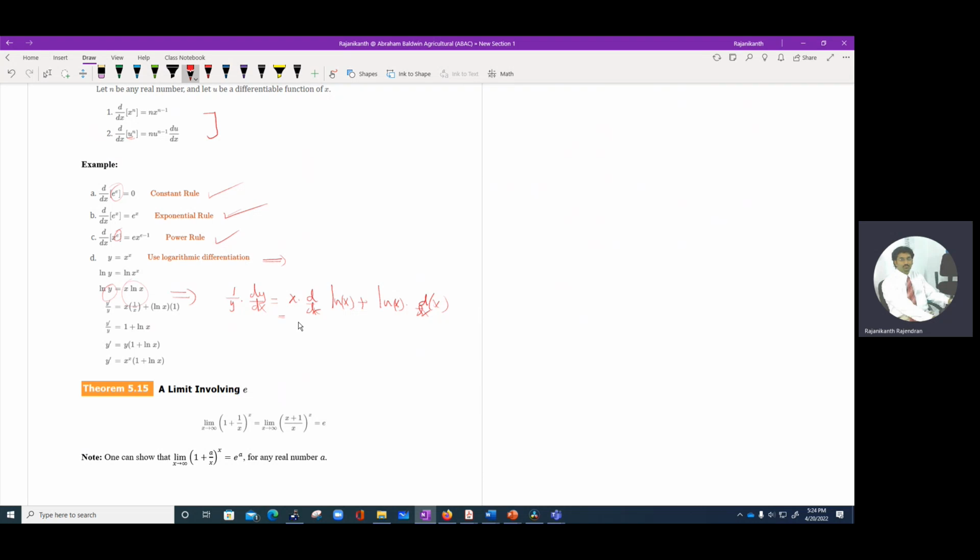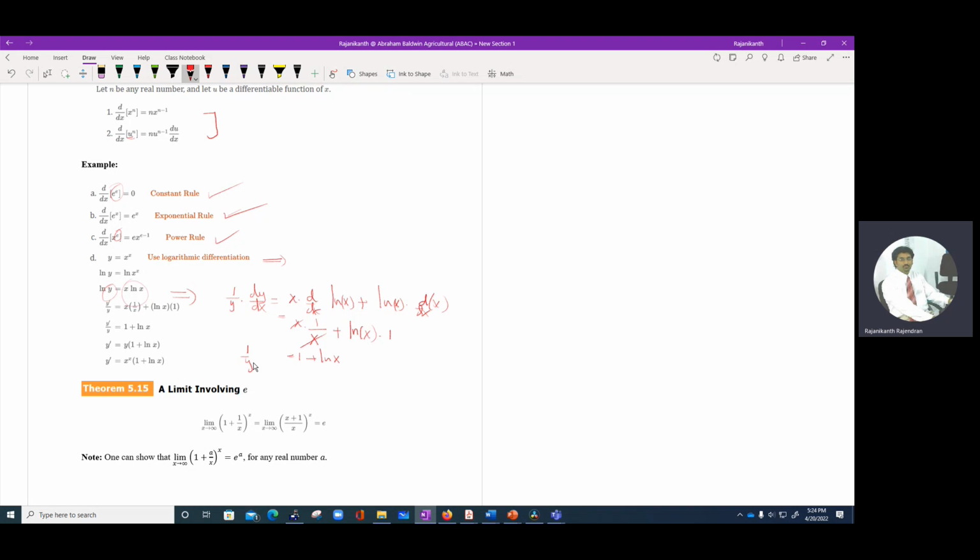Now this will be x times 1 over x, which is the derivative of ln x with respect to x, plus ln x times 1, the derivative of x with respect to itself. So if you simplify, this x cancels and you get simply 1 plus ln x.